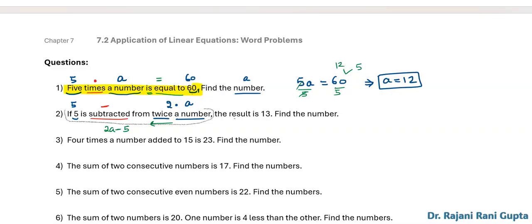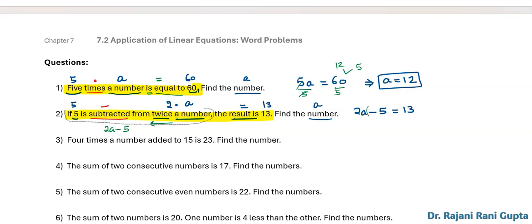Let's read the complete statement. The result is 13. Result means it is equal to 13. So the entire statement, if 5 is subtracted from twice a number, the result is 13, gives 2a minus 5 is 13. This is your equation. Find the number. It means again you have to find a.